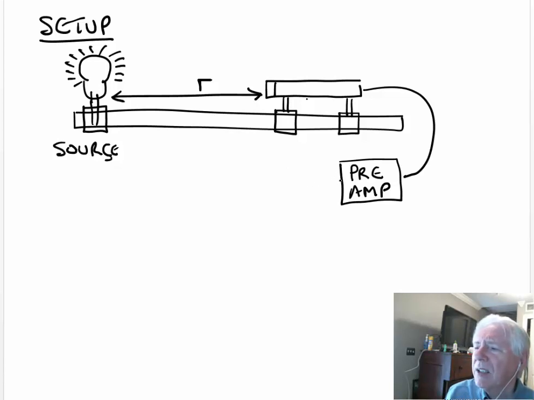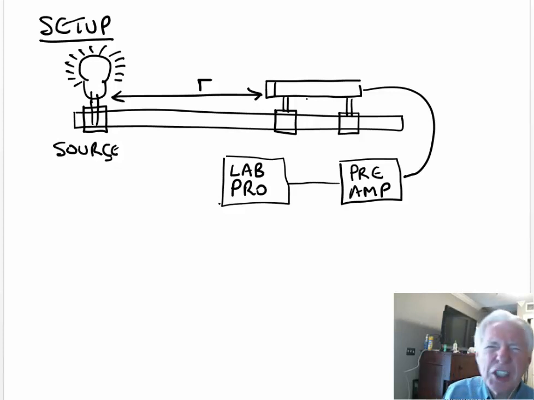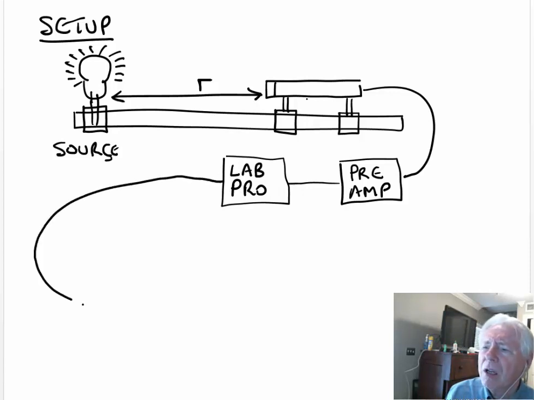And then it goes to our LabPro. That's a digitizer that changes a DC signal that's analog into a digital signal. And then it goes along and comes into our computer.